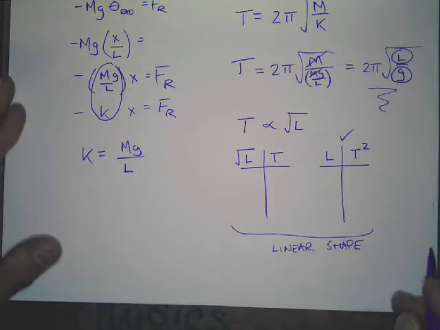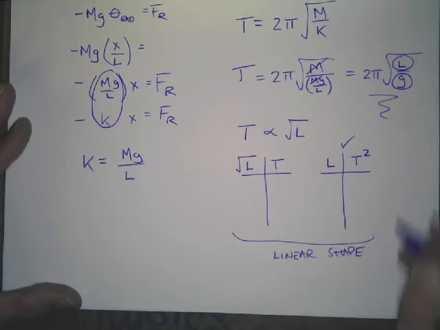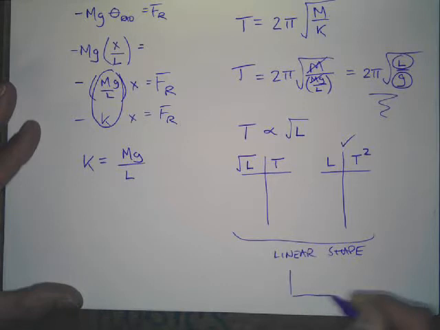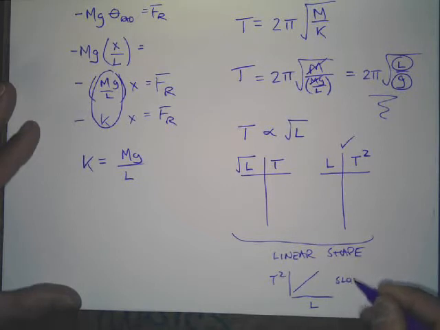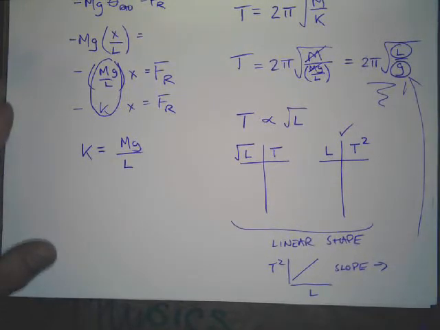And what I want you to do is get that graph, maybe do period squared versus L, and then you look at the slope and you verify that the slope is consistent with this formula that's up here. Okay, so that's something that you can do there. All right, so we're going to kind of leave it at that. You've got a little bit of stuff to do here with your labs.